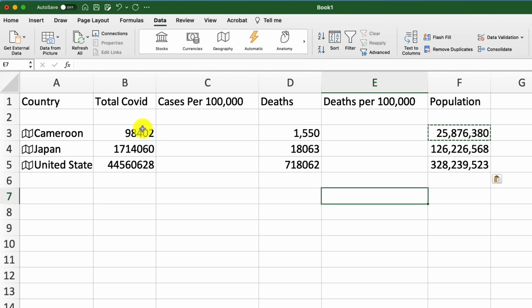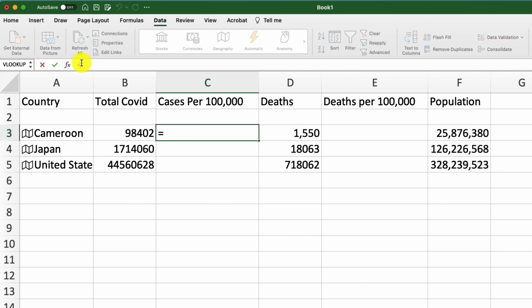Now I've got the COVID rates, but I need to compare these based on something that's the same. And the number we usually use for that is 100,000. So let's get the percentage here. For Cameroon, I need to make my own function.